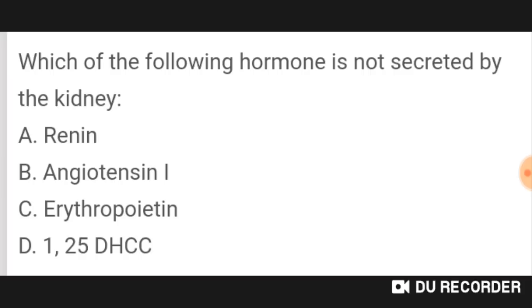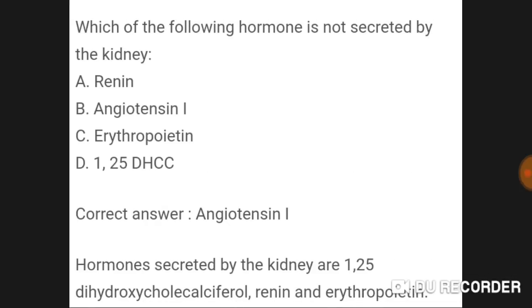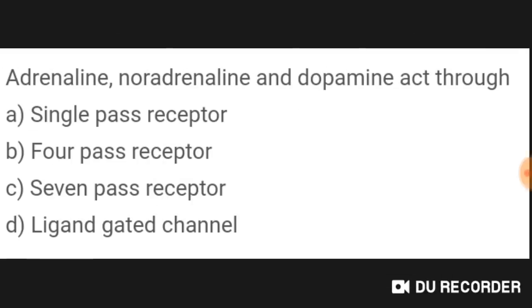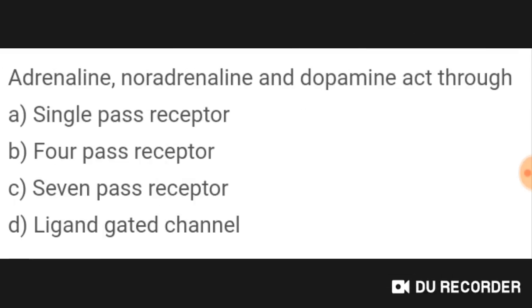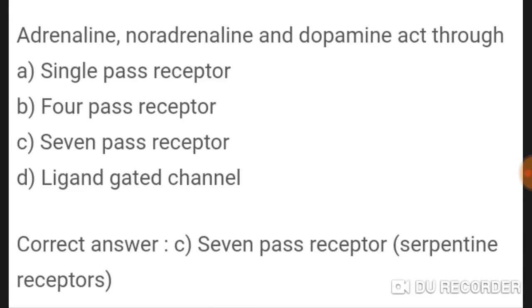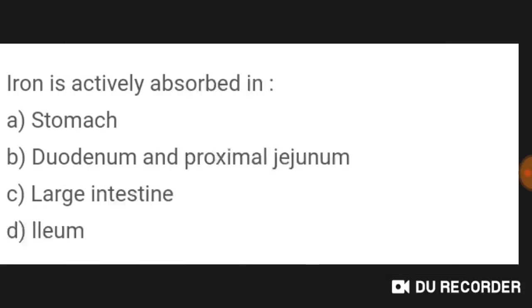Which of the following hormones is not secreted by kidney? Angiotensin 1. Hormones secreted by kidney are 1,25 dihydroxycholecalciferol, renin, and erythropoietin. Adrenaline, noradrenaline, and dopamine act through 7 pass receptors or serpentine receptors.